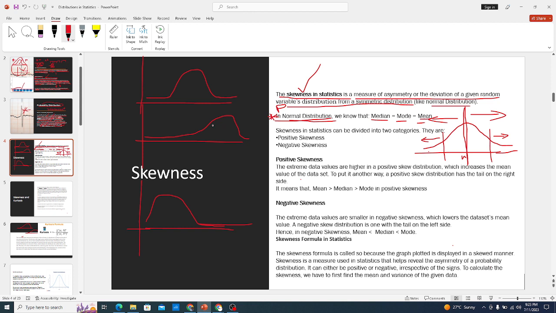You can see this data is normally distributed, but here most of our data is on the right. Here most of the data is on the left. We shall go and see these different types of skewness we have. Now, skewness in statistics can be divided into two categories.